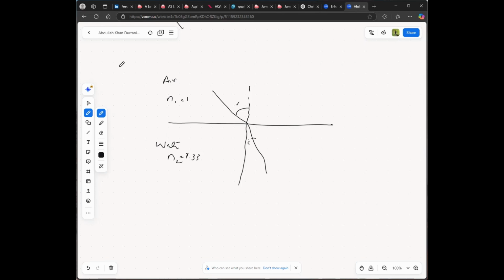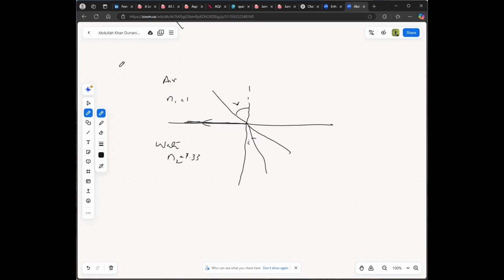So if you keep on increasing the angle of incidence, the angle of refraction will keep on increasing. But there will come a point when the light wave does not even go to the other medium, it just remains over the boundary.